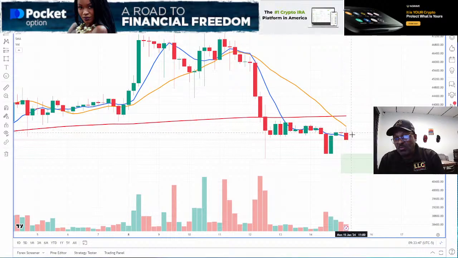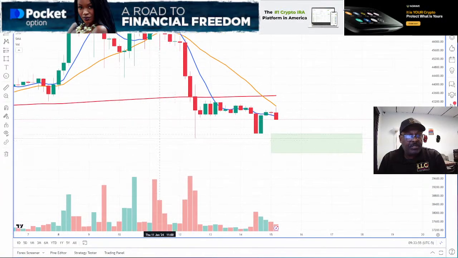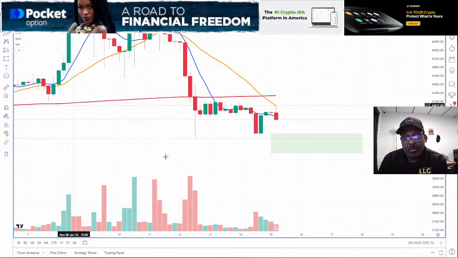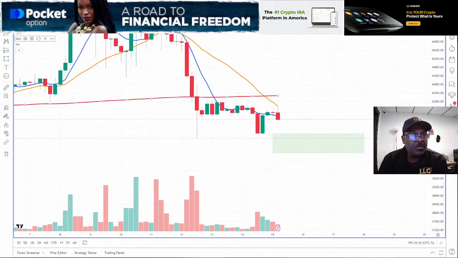You can see by the 20. I love it that this 200 is flat because of the fact that, let me get my EpiPen. If this just continues, oops, just like that, we'll put it a little bigger.